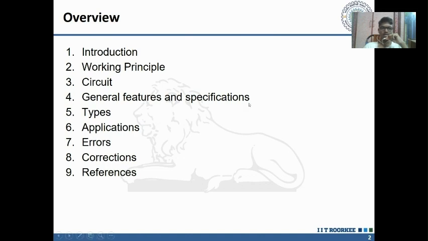Next, we will cover the general features and specifications, and also the types and applications of the flex sensor, and the real part called errors, because this is not an ideal case like sensors, and some of the error corrections that are done in real life. And next is the differences part. This is the overview of today's discussion on flex sensor.